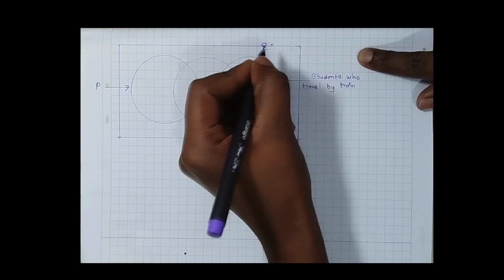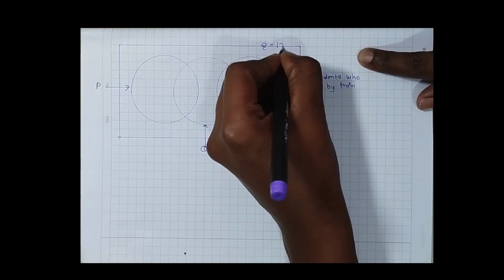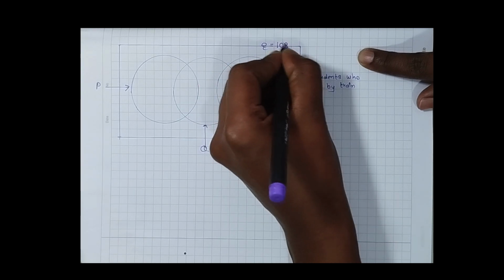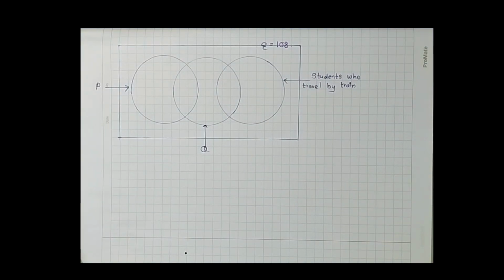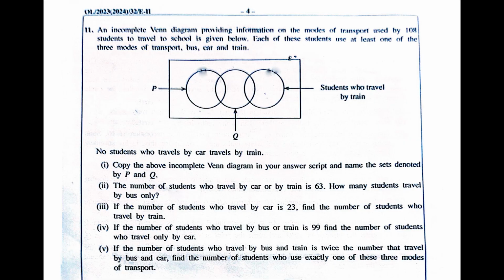It means the universal set is 108. Each of these students uses at least one of the three modes of transport. The transport modes are bus, car and train. Okay, let's read the question.